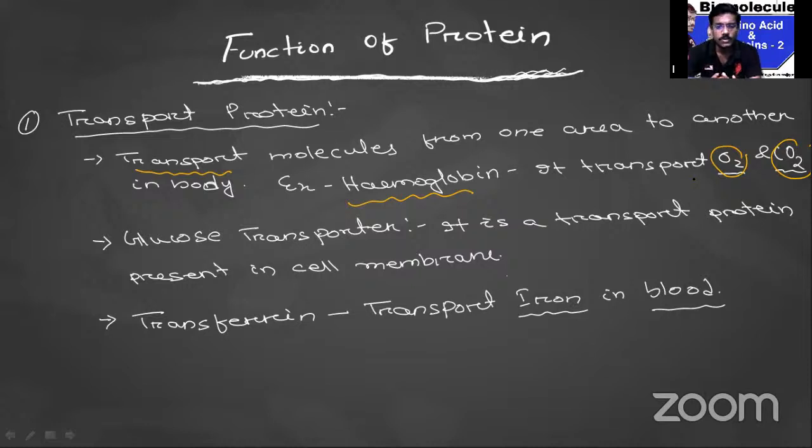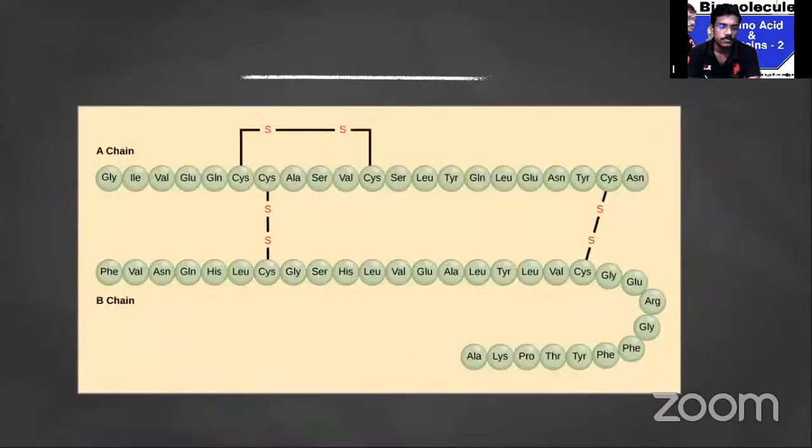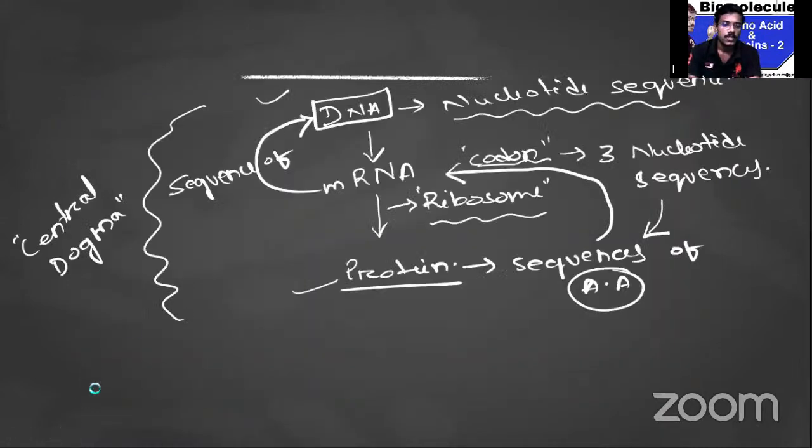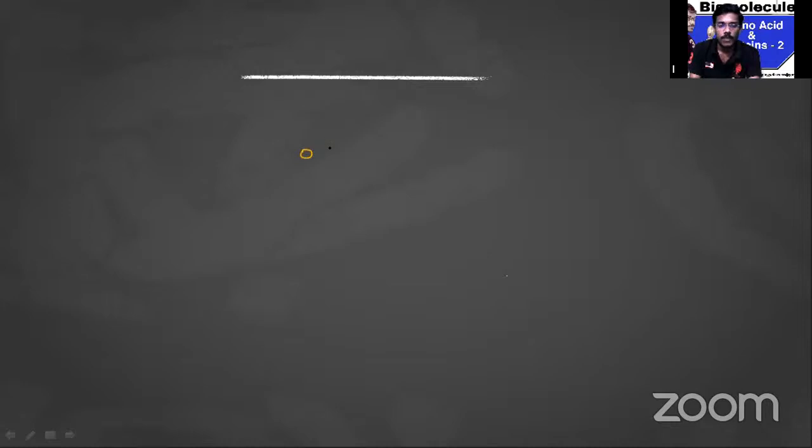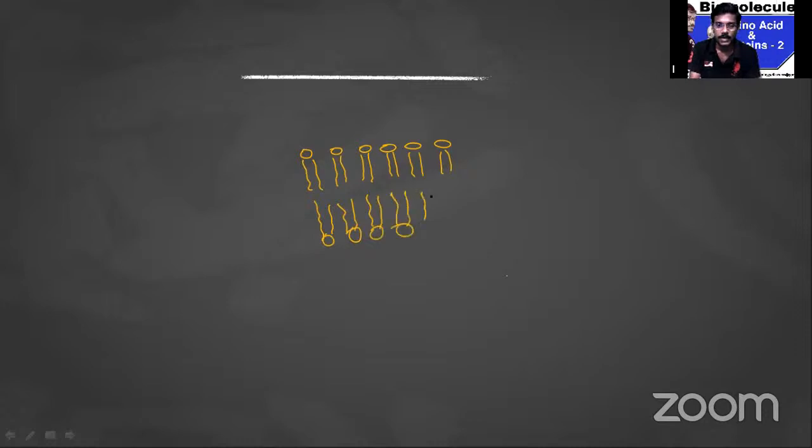And another one is the glucose transporter. Before that, let me clear something here. Suppose this is the plasma membrane. And as you know, in the plasma membrane there is the presence of a phospholipid bilayer, and protein is also there.